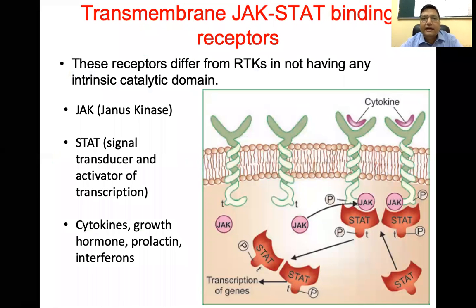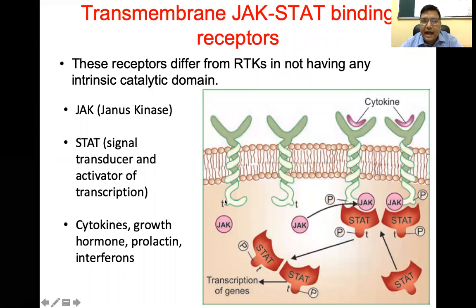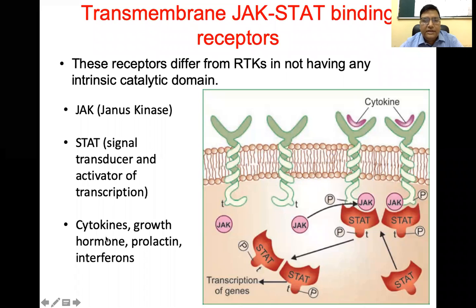Another type of enzymatic receptor is the JAK-STAT binding receptors. They are different from the insulin receptors, because on their intracellular side they have the tyrosine, but after dimerization they do not undergo phosphorylation by themselves. JAK stands for Janus kinase. Through these receptors, cytokines, growth hormone, prolactin, and interferon act.